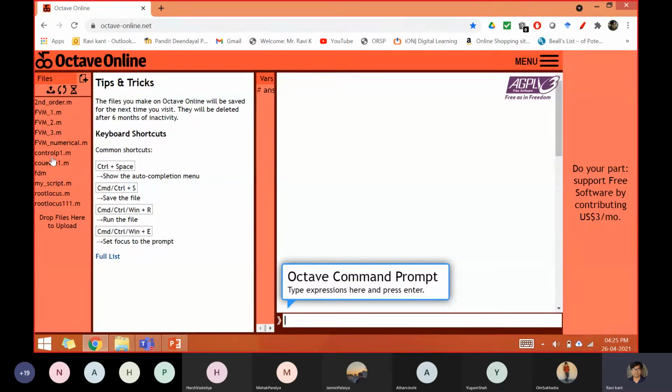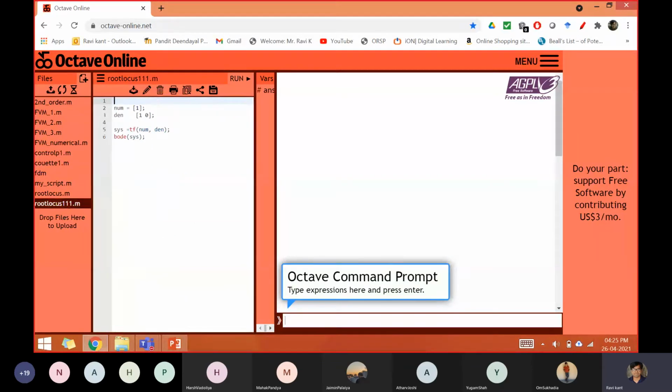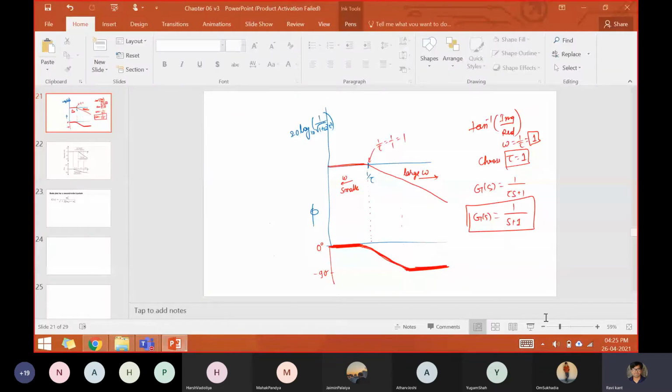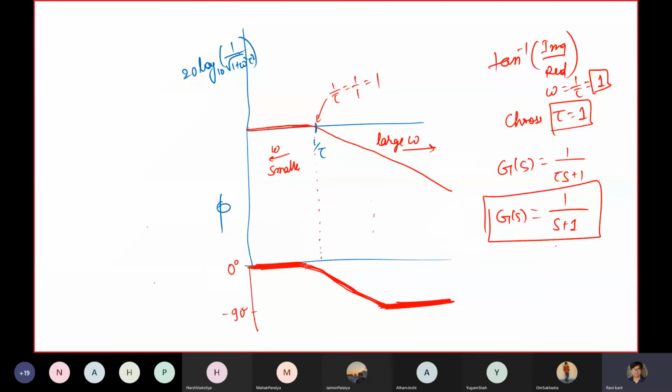Okay, so where is control P? No, not this one. Root locus. Yes, this is my body. So what should I write? G plus 1. Can somebody tell me? So the transfer function: numerator should be what? This is 1, 1, right?